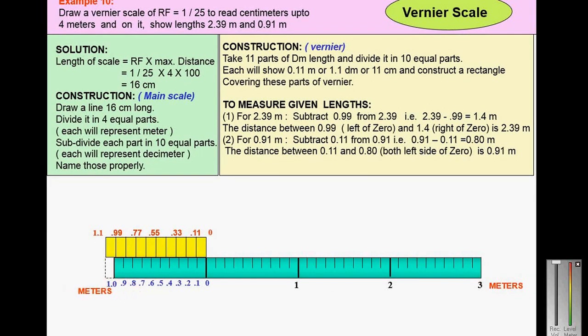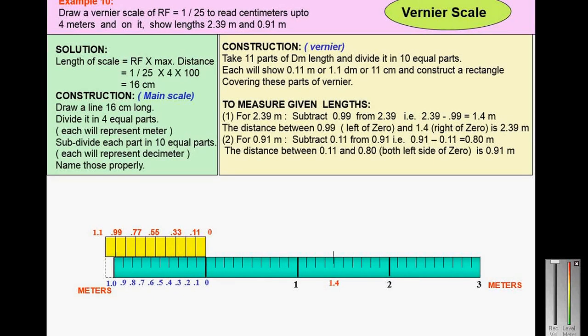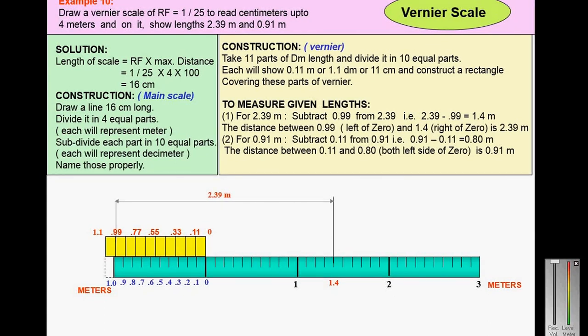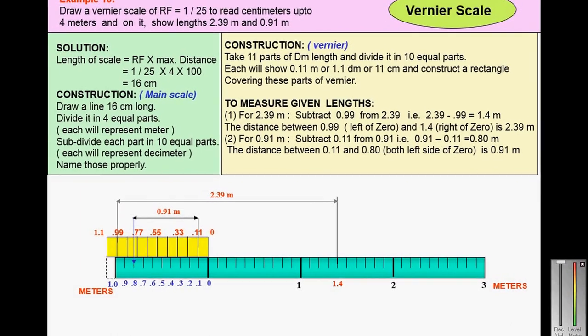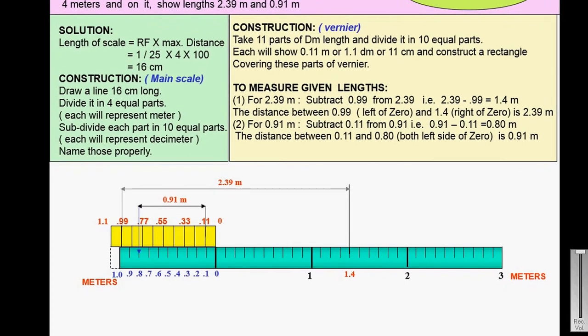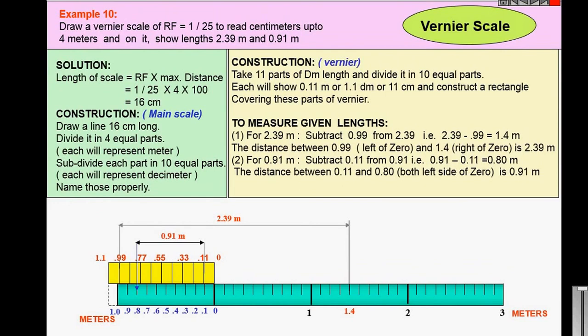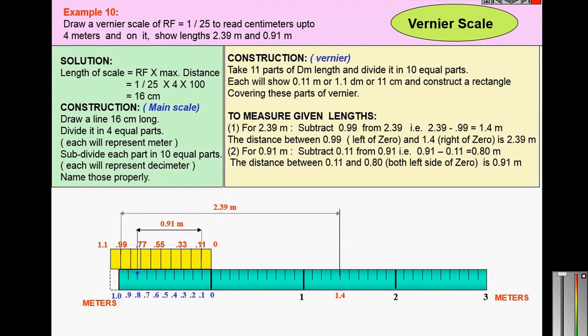This will be meters, and our aim is to mark 2.39 meters and 0.91 meters. In the main scale you can mark 1.4 meters, and from the vernier scale the 9th division; if you add the vernier division to 1.4 meters from the main scale, you get 2.39 meters. And 0.91 meter is marked in the vernier scale as well.